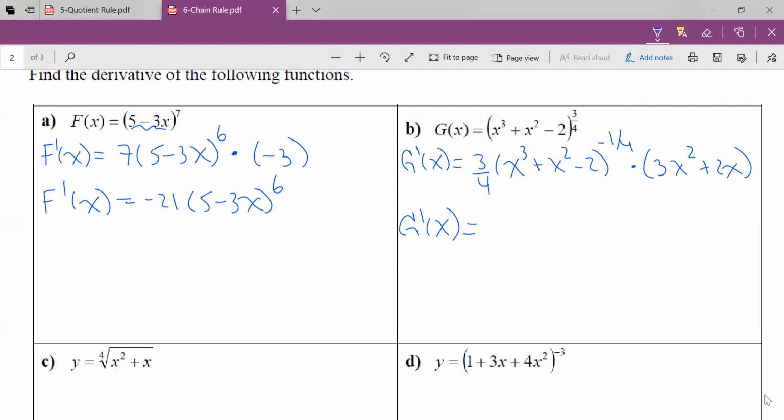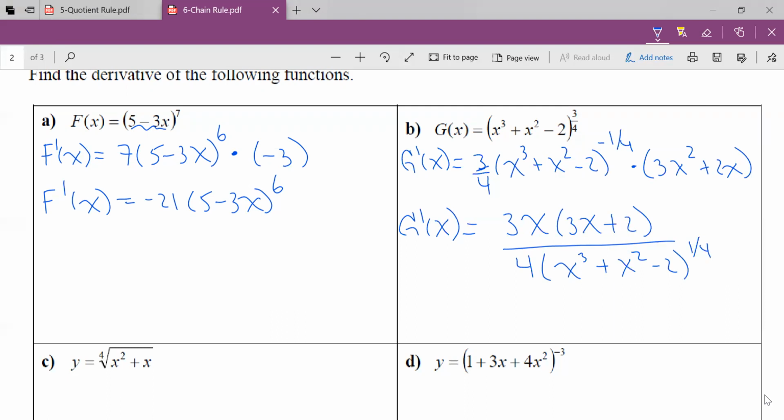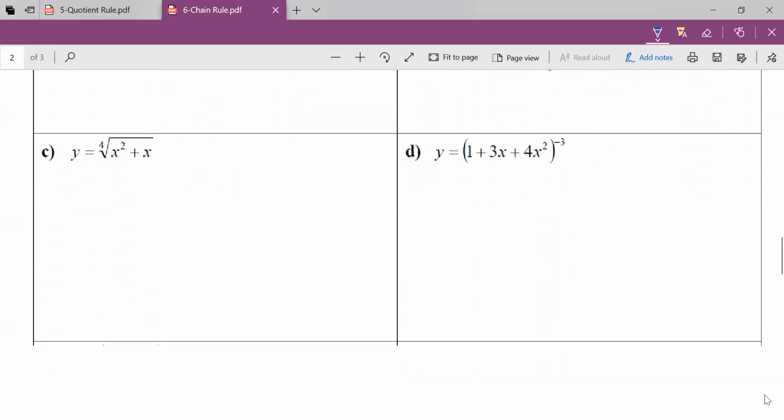But what I'm going to do right now is I'm going to factor out an x out of that. So I'll have 3x plus 2. I've still got this 3 right here from my fraction, so that's going to go right there. In the denominator, 4, and then x cubed plus x squared minus 2 to the 1/4. Now you could write that as a radical if you wanted to, but I don't feel the need to. There we go. Okay, so everything's left with positive exponents. We factored the numerator. And again, that factoring the numerator is going to be a big deal when we get to curve sketching, drawing things by hand.